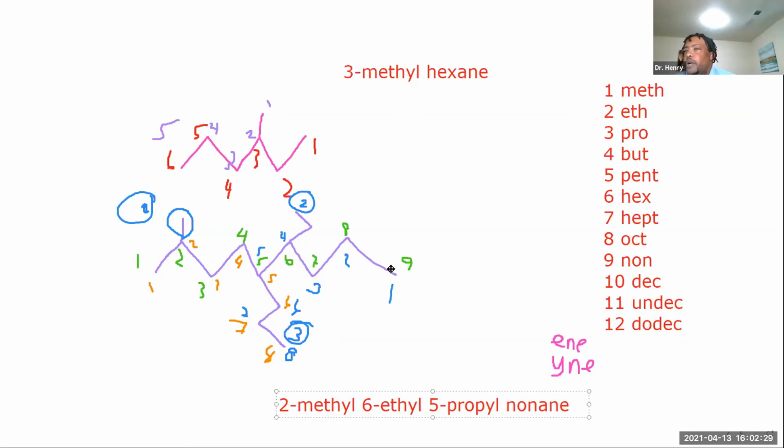Each end represents a carbon, and that carbon is surrounded by hydrogens. I'm saying like the branches, where the 1, 2, and 3 is. Because this carbon right here is part of the main chain. Oh, so you can't count it. Then you're counting it twice if you count it that way. So you're just counting what's left over. In this case, that's 1. And then in this case, it's 1, 2.